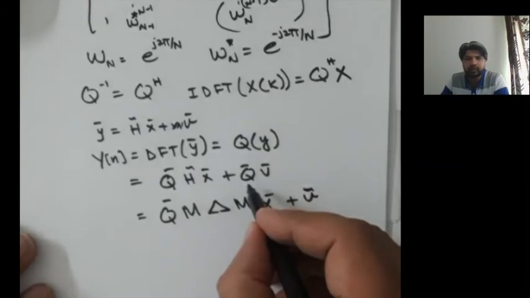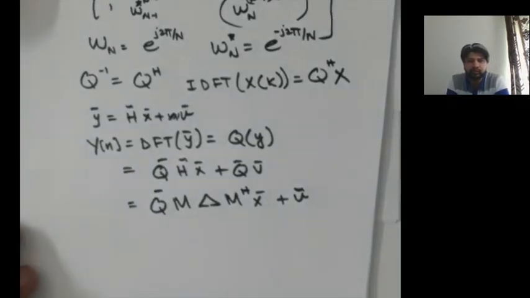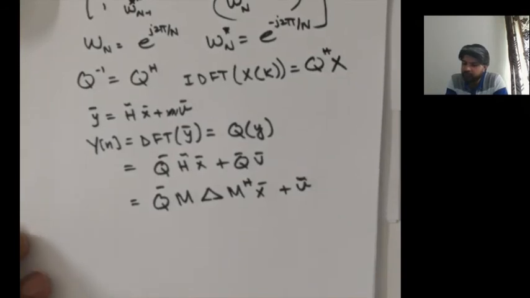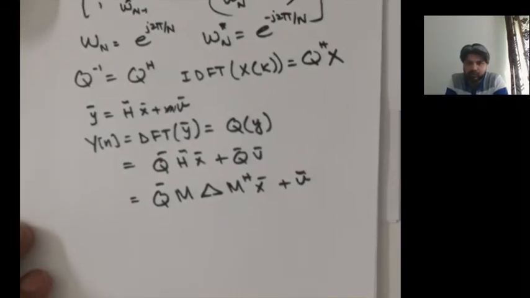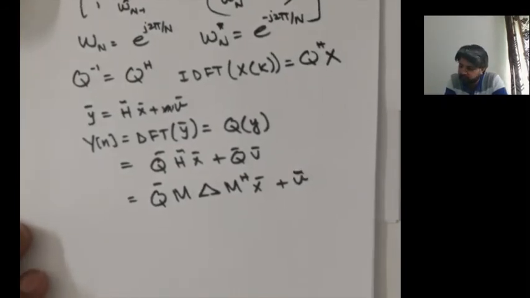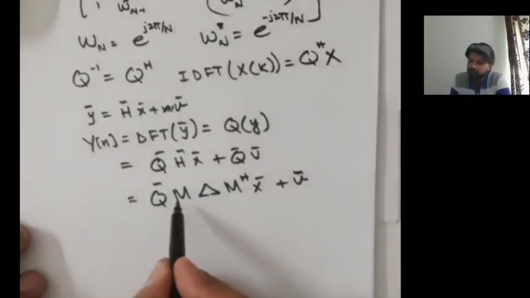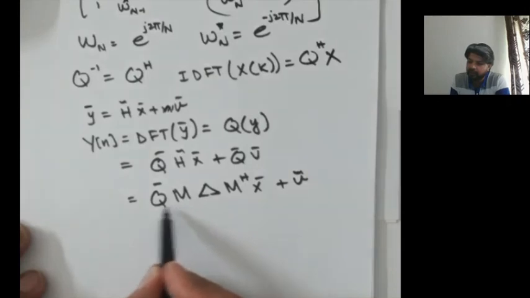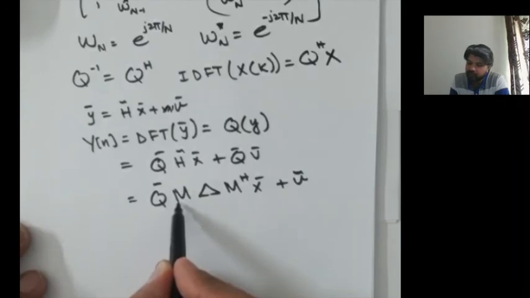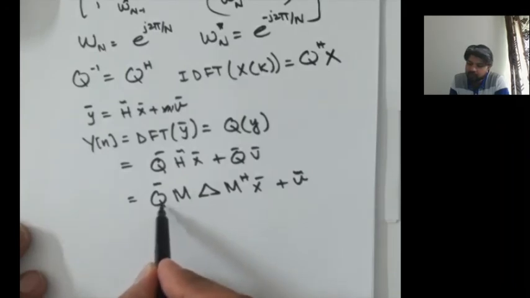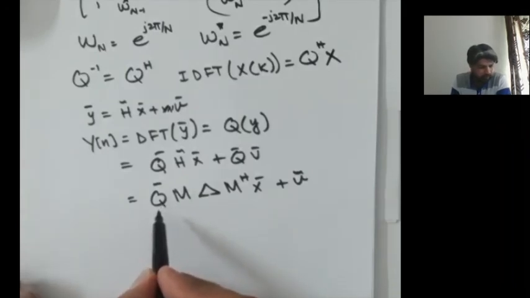Q is a unitary matrix, so multiplying with a unitary matrix would not change the variance of the noise, so it would still be circularly symmetric noise with the same variance, so that does not change a lot, right? And we also know that Q and M are an inverse transform pair. So this Q is nothing but M Hermitian, right?